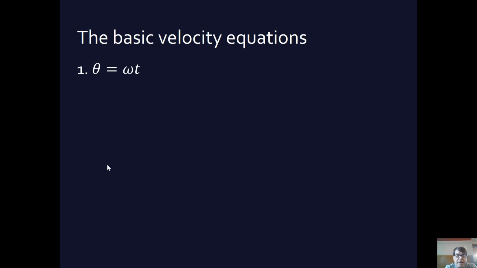And we have the same thing. So remember that distance equals velocity times time. That's with linear motion. Well, with circular motion, we can say that the angular distance, theta, in radians, equals the angular velocity in radians per second times the time.